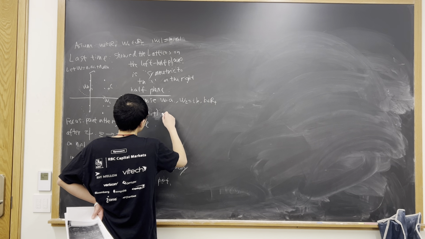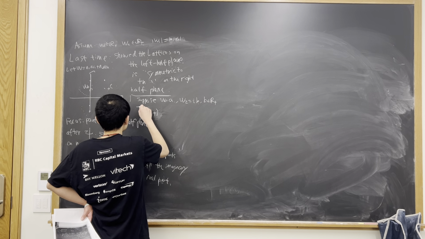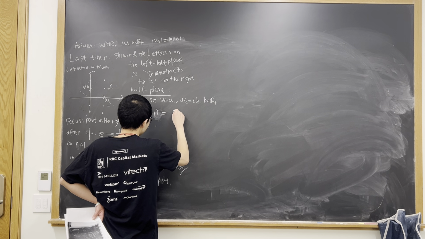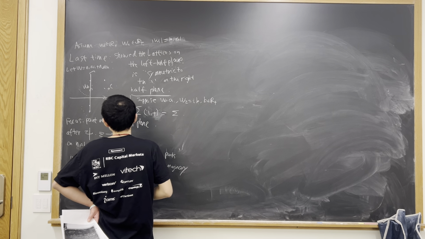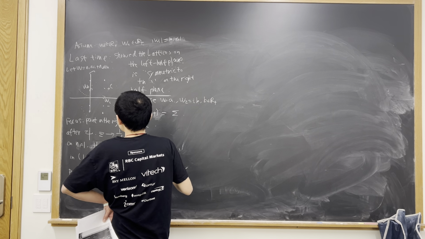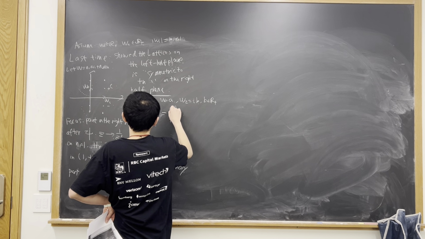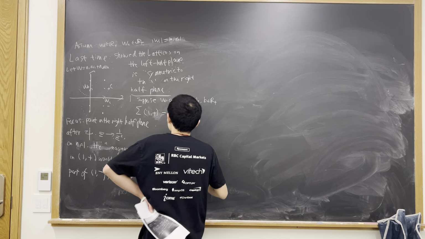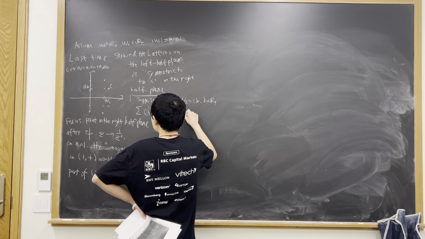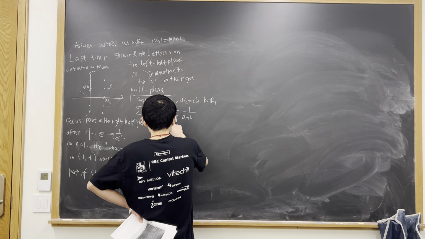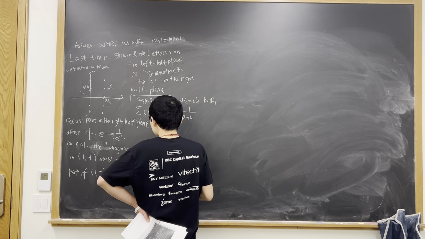So the sum of the 1 plus part is equal to the summation of I from 1 to infinity of 1 over A plus I, shoot, I should use another index.